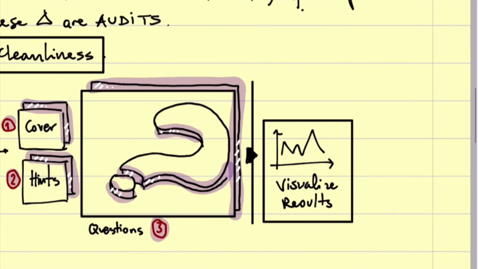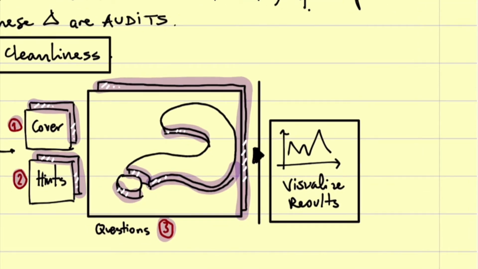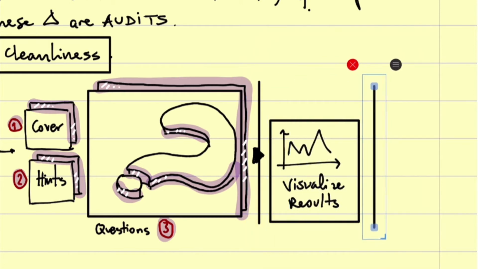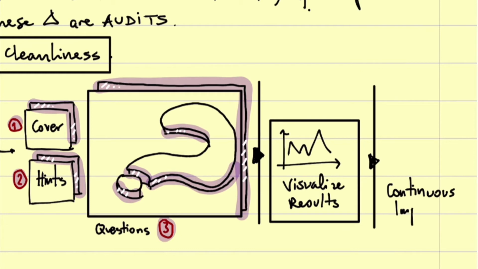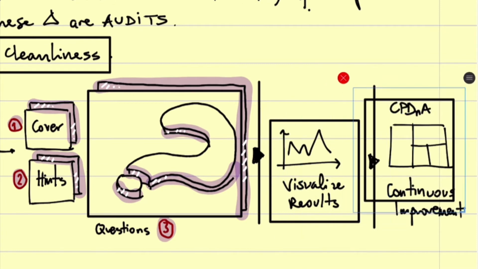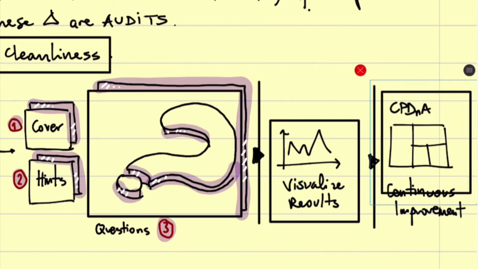And after visualizing the results, you perform what some of you know. You perform a continuous improvement effort, and you do that usually with a PDCA. It's not necessary to know what a PDCA is, but it could help later on.